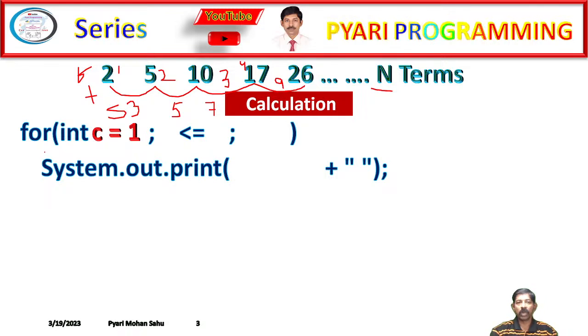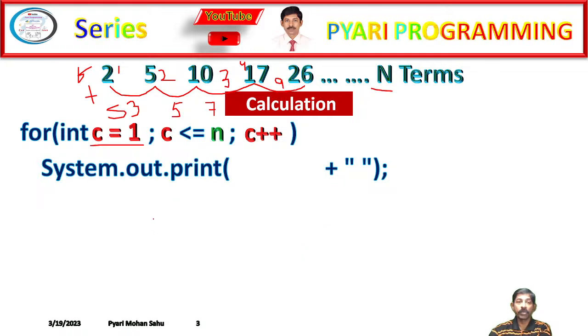So I need a counter which will count the terms. Count is equal to 1, and the counter moves up to n. If n is 4, it moves from 1 to 4; if it is 9, it moves from 1 to 9. After this, counter plus plus. Though I have taken the counter here, there is no relationship between the counter and the variable. The counter is 1, 2, 3, 4.